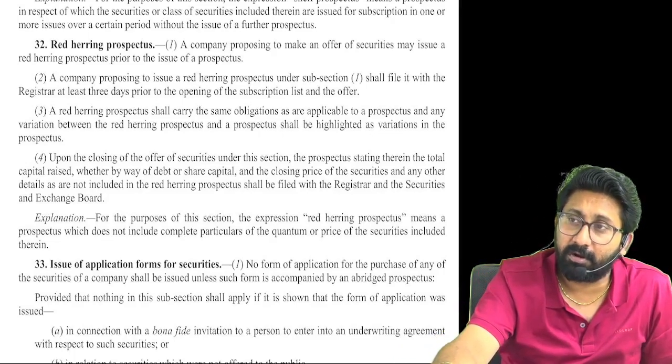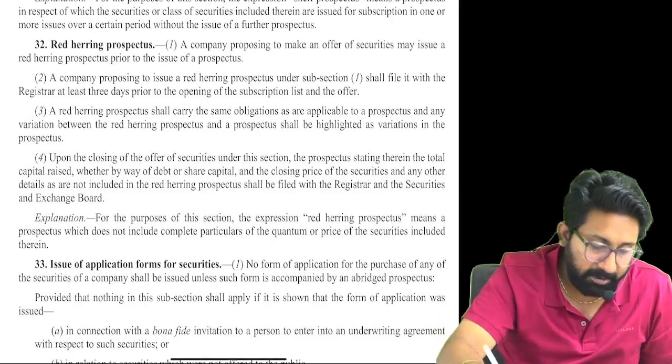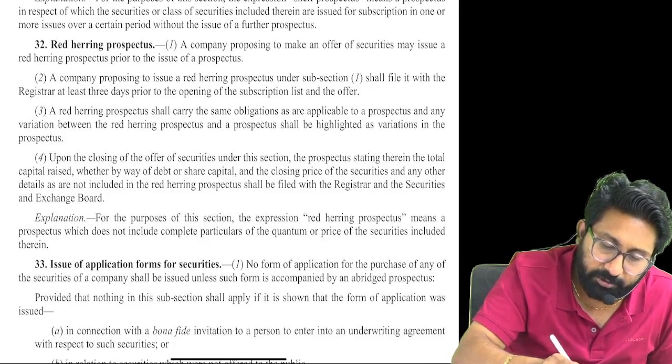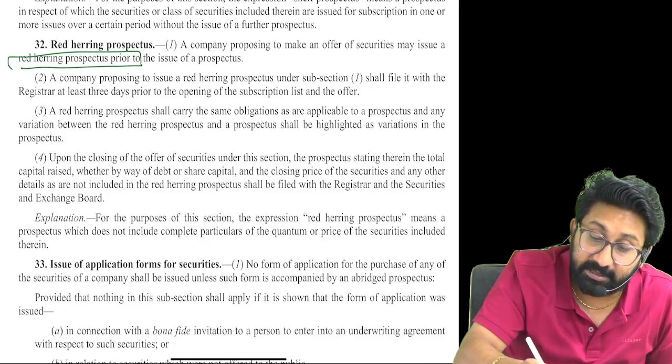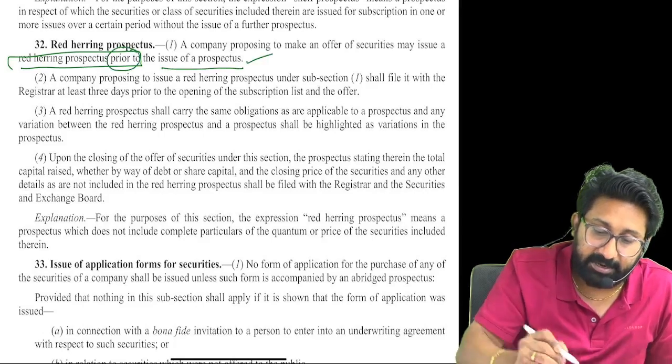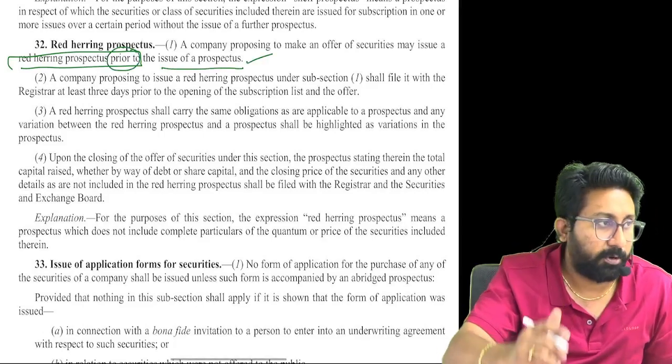Have you read it or not? Tell me. A company proposing to make an offer of securities may issue a red herring prospectus prior to the issue of a prospectus. That is point number one. Next, point number two.